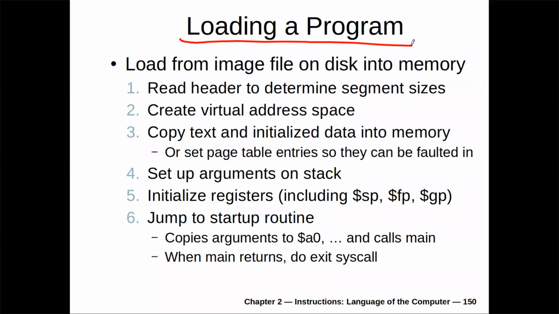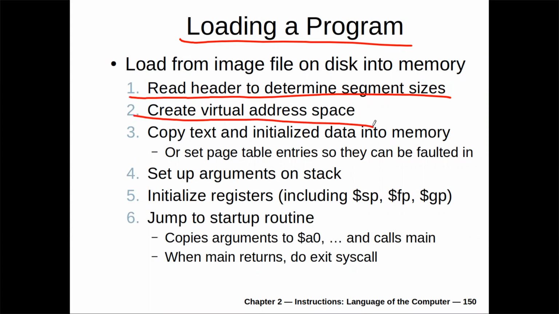And this is exactly what's happening when the operating system loads a program, like on Linux or in my operating system class, where we're using x86. So you essentially take a header of the executable file. This header will contain information about the sizes of the text and data sections, right? The operating system will create a virtual address space.